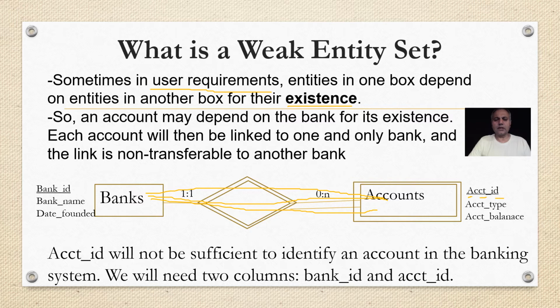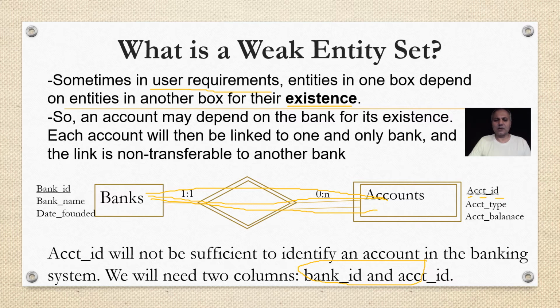But if you take the combination of the bank ID and the account ID, then we will be able to uniquely identify the account. So this happens in an existence diamond because the account needs the ID of the bank for its existence. If it did not need the ID of the bank for its existence, then it would exist independently of the bank, and it would not be, of course, an existence dependency.